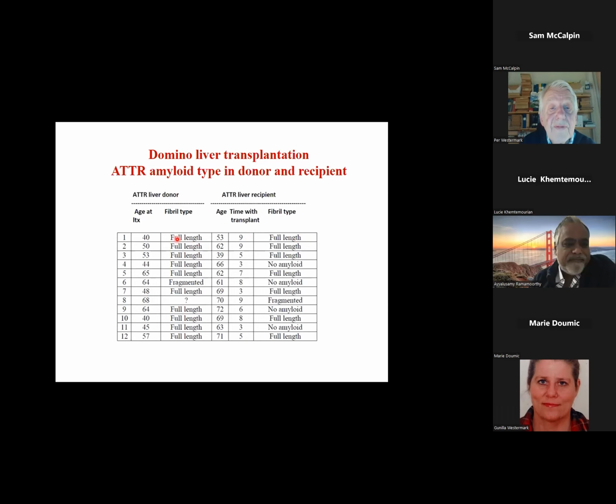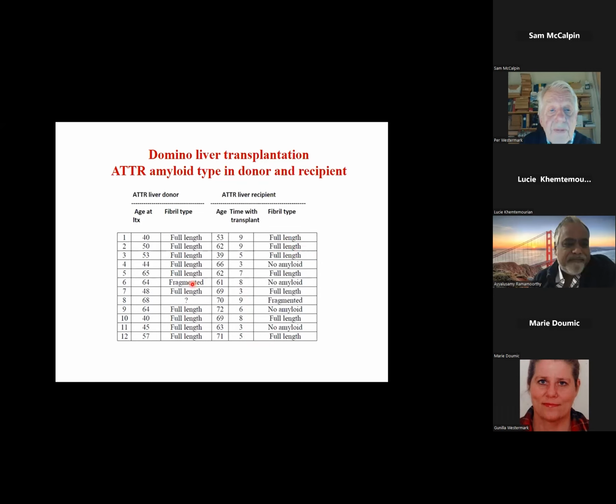And what is striking here is that almost all of the donors had full-length TTR type B fibrils, and those who developed amyloidosis in the recipients, which actually happened sometimes already after 3 years, much earlier than was believed, the recipients also had full length.